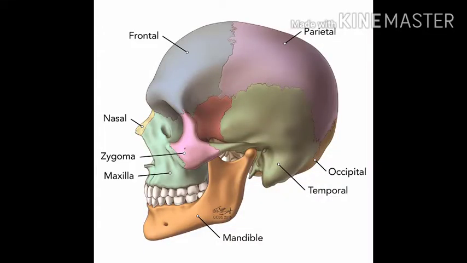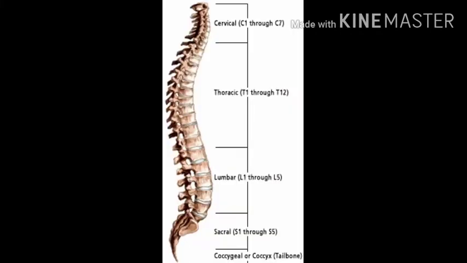This is the skull. Here the frontal bone, parietal bone, occipital bone and temporal bone are clearly seen. This is the human vertebral column made up of 33 vertebrae.